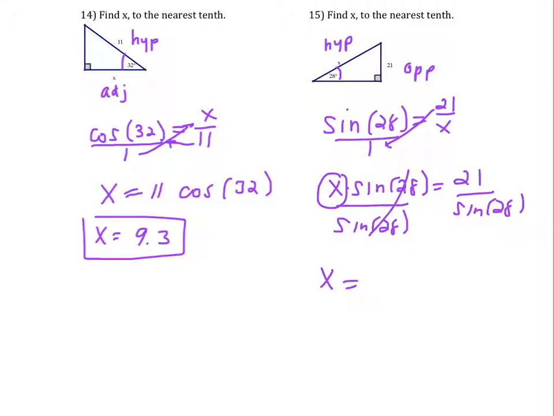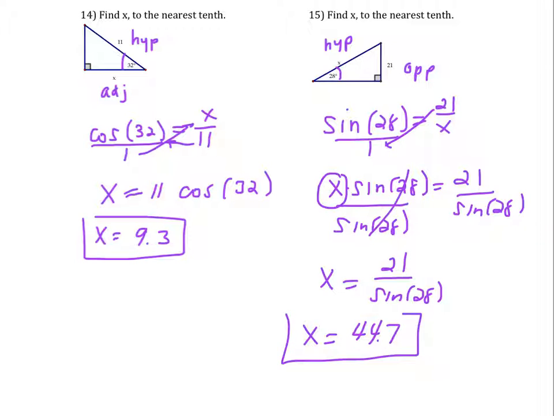Now we have x equals 21 divided by the sine of 28, and you're going to head to your calculator to do that. Again, we need to round to the nearest tenth, and the answer is 44.7. By the way, make sure that your calculator is in degree mode. If you're not sure how to check it or how to switch it, please let me know.